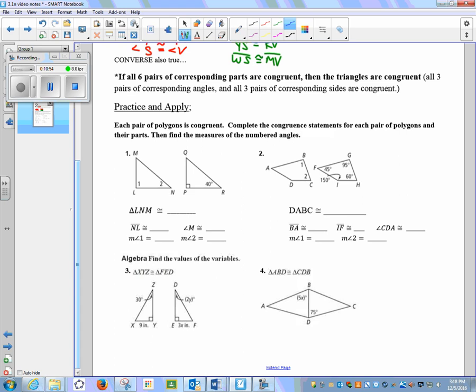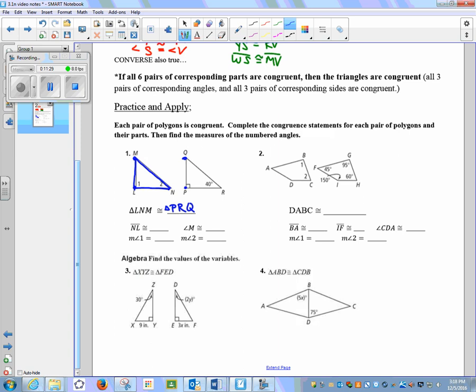So number 1 here, they're telling us that these two triangles are congruent. So if we're using L, N, M in that order, what corresponds with L? It would be P. What corresponds with the second one, N? That would be R. And then the last one is M. That corresponds with Q. So you got to make sure you put it in that order.